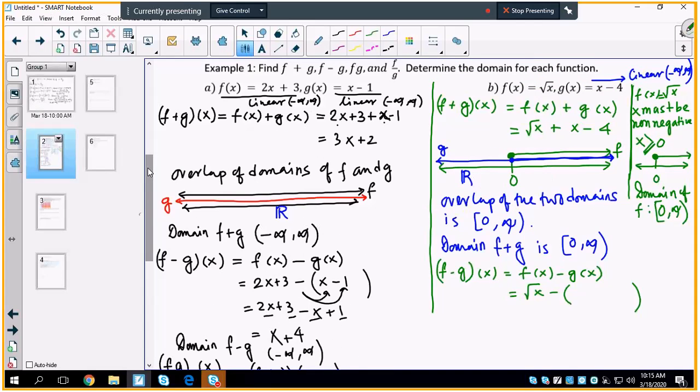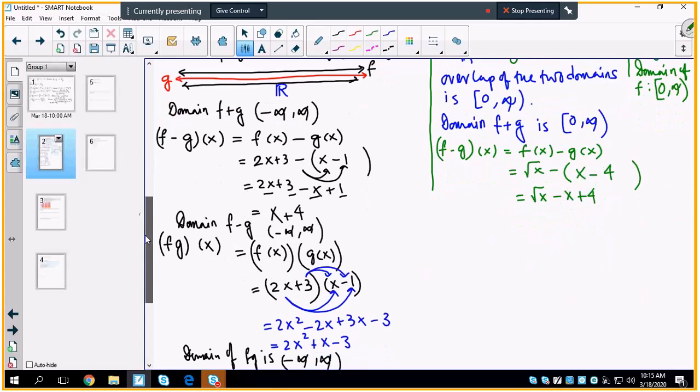Your g of x is x minus 4. So you get square root of x minus x plus 4 after the distribution. And that's your final answer because there is no like term that I can combine. I will leave my answer there. Domain. Domain of f minus g is still the same as the domain of f plus g. So I go ahead and say that this is 0 to infinity.